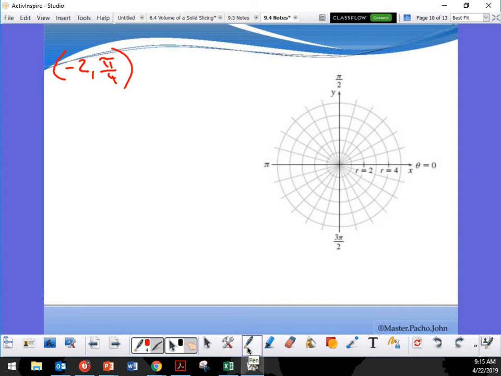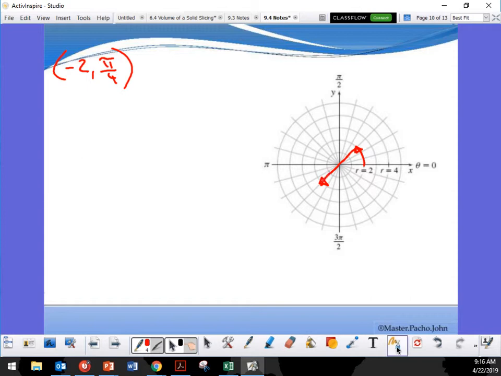If I were to graph the positive, it would have put me here to here, right? That's the positive. And going the negative radius would just put me 2 in the other direction. So it puts it there. A negative radius just goes the opposite way. Does that make sense? Okay.